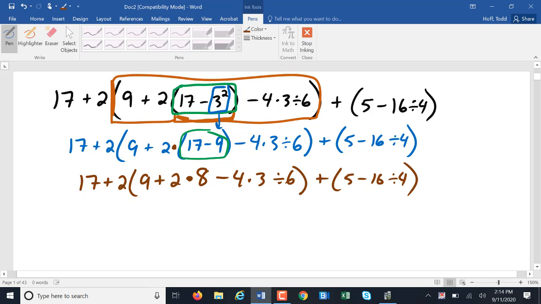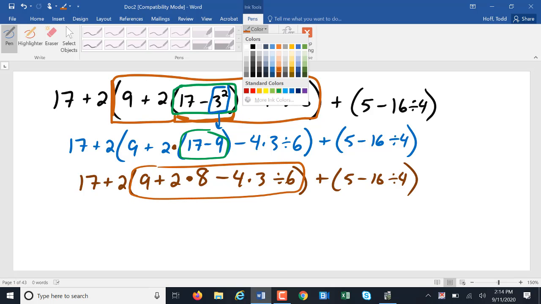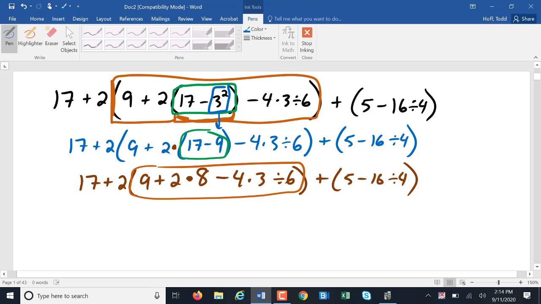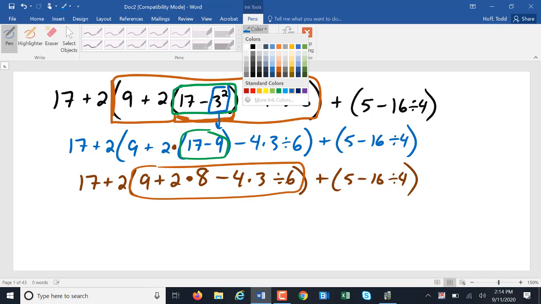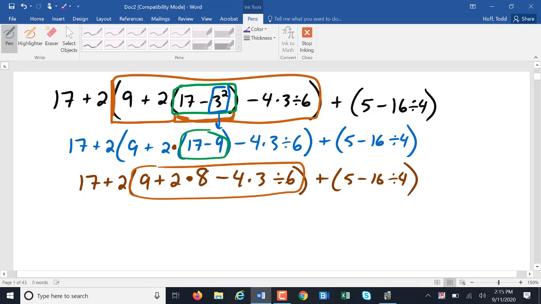We're out to that larger set of parentheses, that brown section, if you will. In there are no other enclosing symbols. No more exponents. So we're down to multiplication and division. What do we do first? Multiplication. 2 times 8, which is 16.